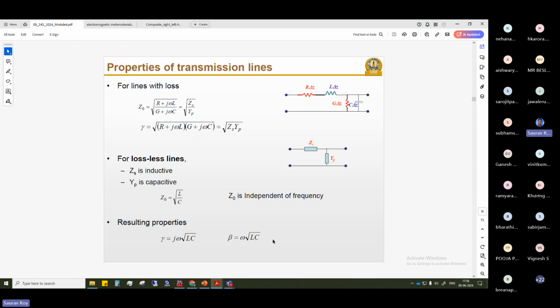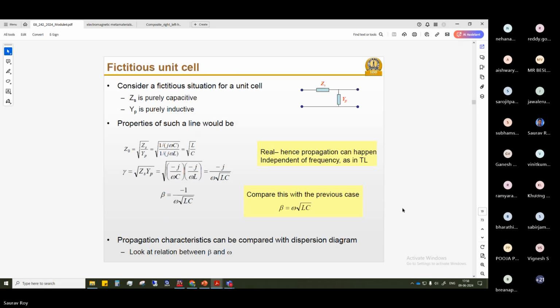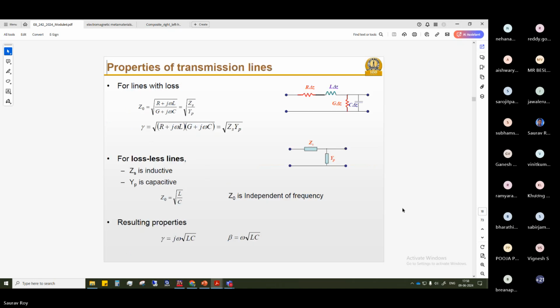Okay. So, till now, do you have any doubt? Sir, can you give one example of a right-handed transmission line?